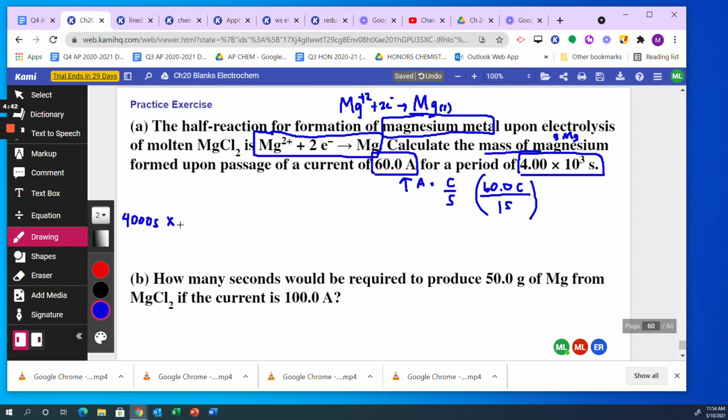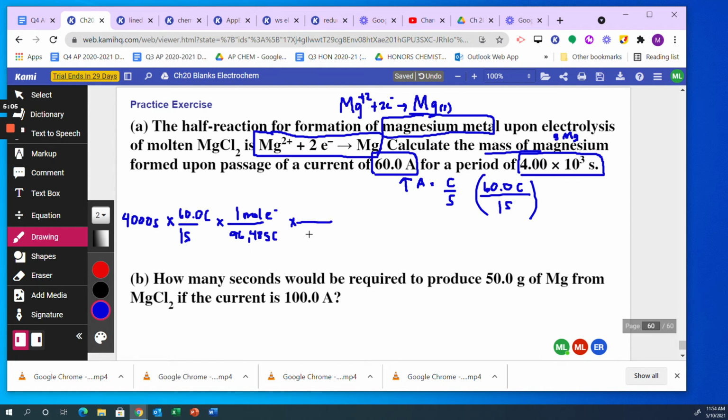Okay, good. So seconds, I'm going to use this one now. 1 second is 60.0 coulombs. Then I'm going to use Faraday's constant, 96,485 coulombs for every 1 mole of electrons.